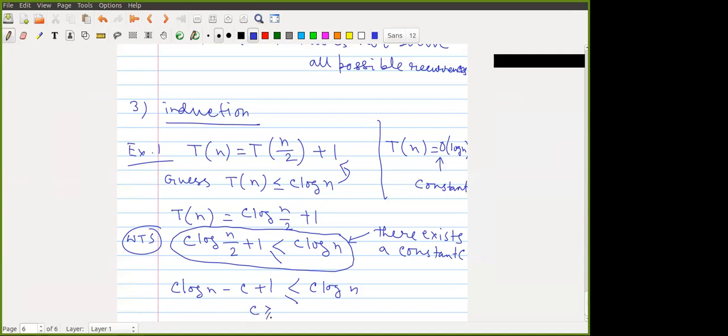So let's take C equal to 2 or something. This thing actually holds when you take C equal to 2, right? And since in order notation we do not care about these constants, I'll write T of n equal to order log n. Is this solution okay?